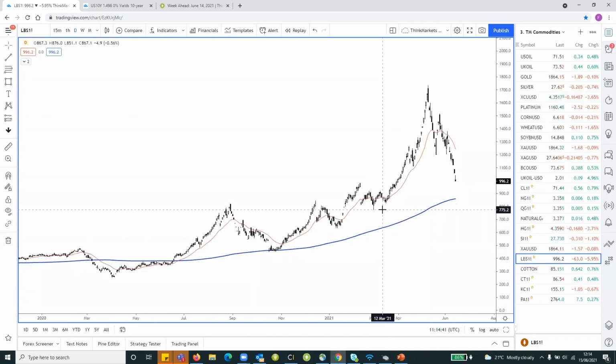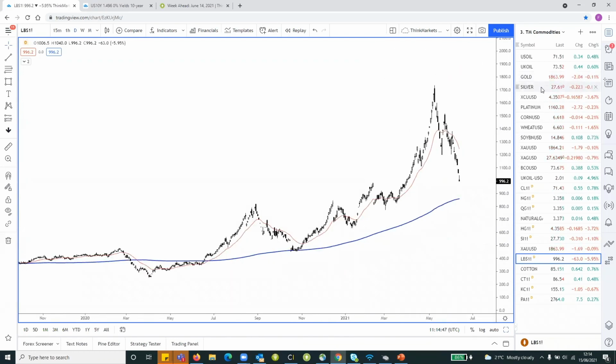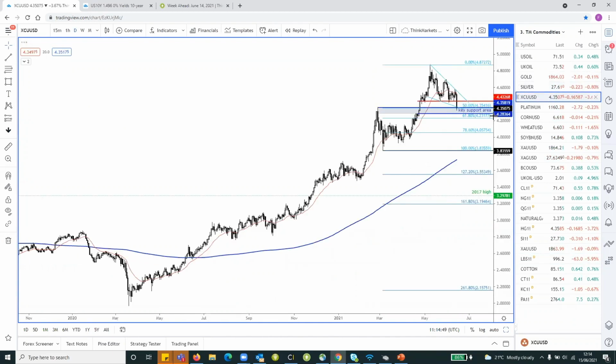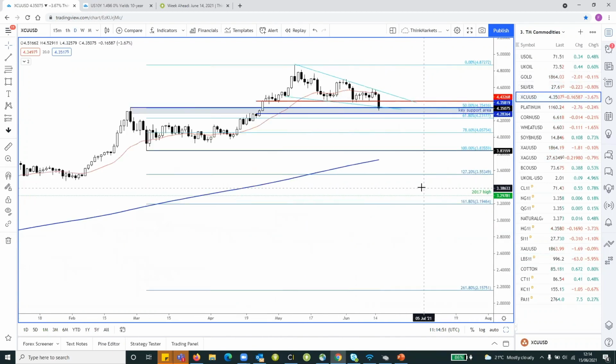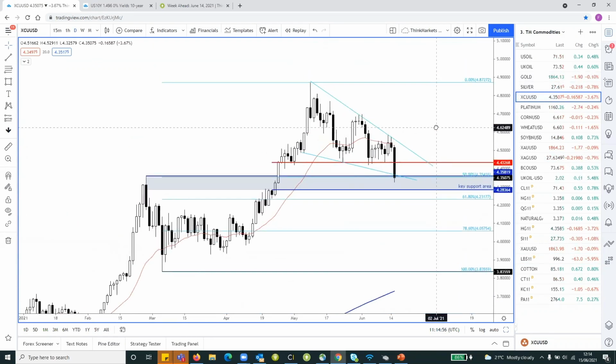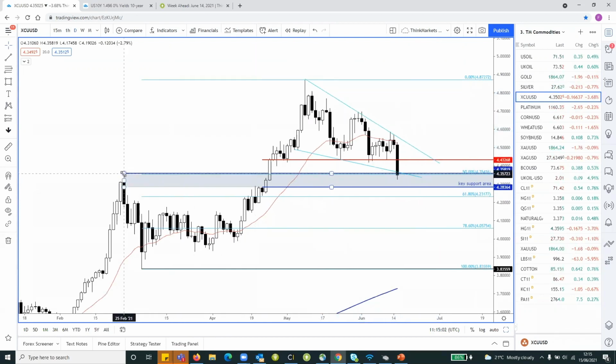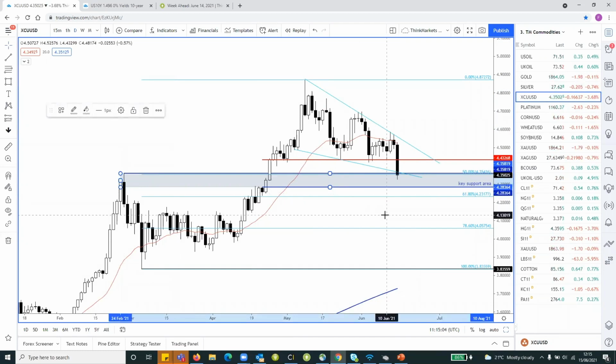We have the pyramid chart pattern. It's crazy. But for those of you that are keen on economics, lumber and copper are just very good indicators of economic cycles, and right now they're both rolling over.